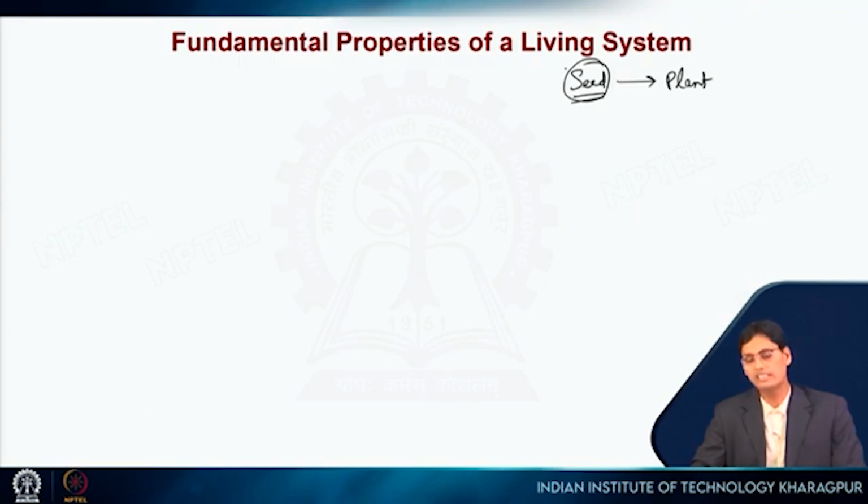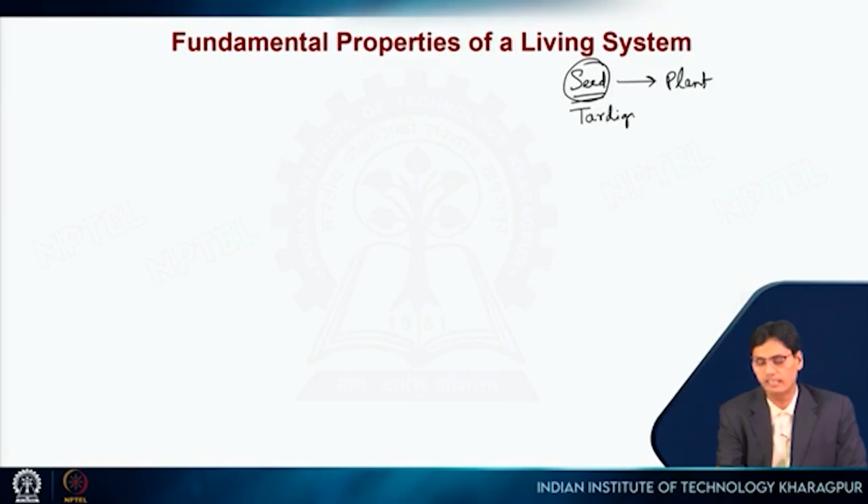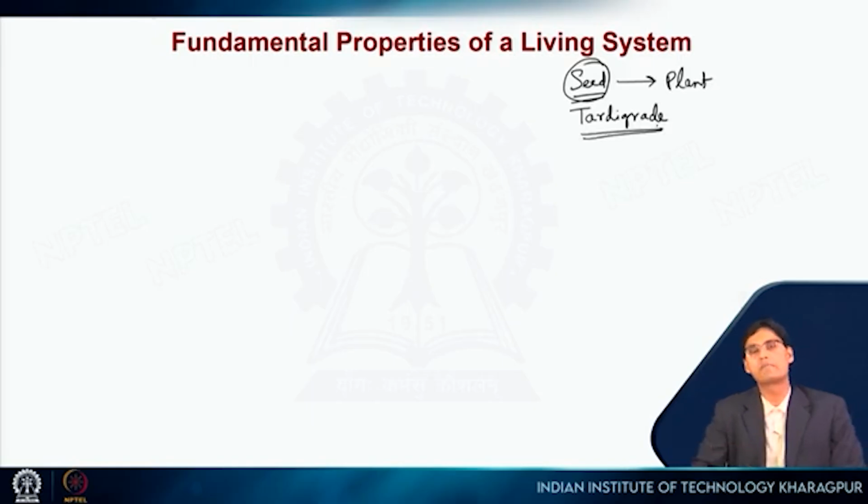Similarly, a seed is very common, all of us know, but let me give you another example: the tardigrade. This is an animal, a millimeter-long cousin of arthropods. It is very small, but you can compare it with something like an arthropod, like a cockroach.